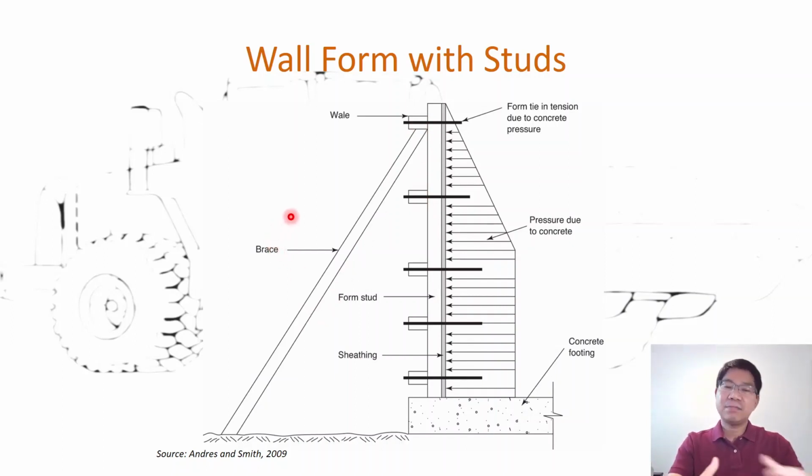So that is the complete, all the members included. However, if the pressure is not so high, we can eliminate the stud. So basically, the concrete pressure transfers the load onto the sheathing and directly onto the wales without stud.